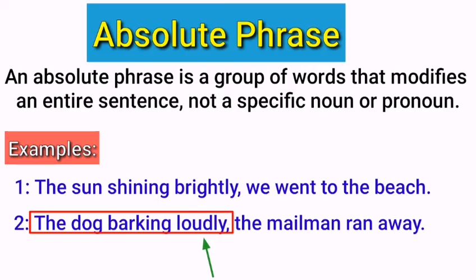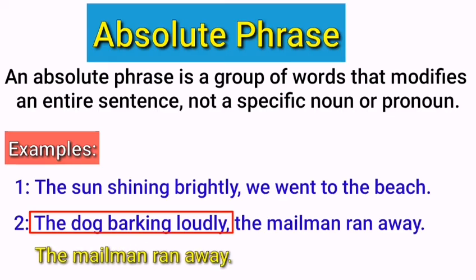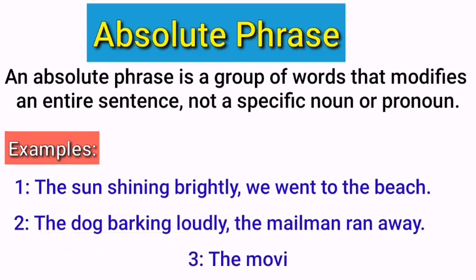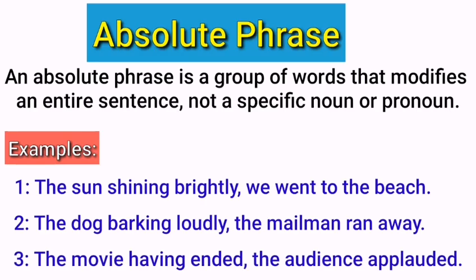And the last point is, it modifies the whole sentence and, if we put aside this group of words then the rest of the sentence can give us complete meaning. Like, the mailman ran away.